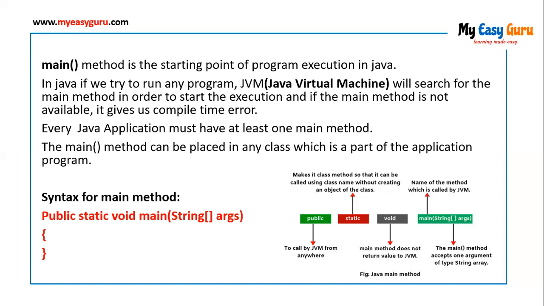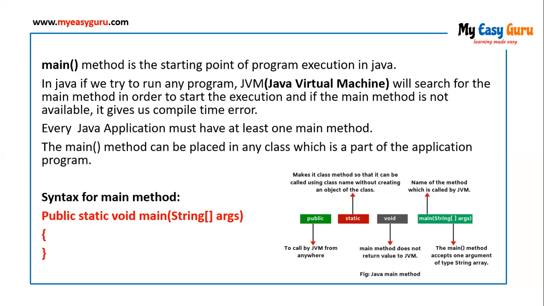The main method accepts one argument of string array. So the syntax for main method is public static void main. We understood that every Java application must have at least this main method to execute the program.